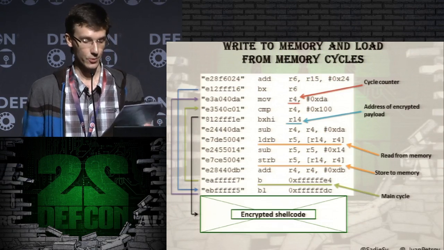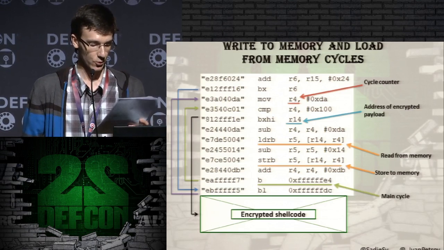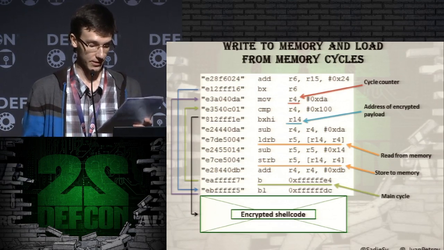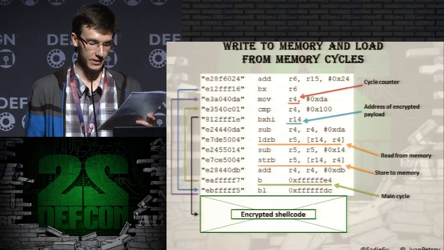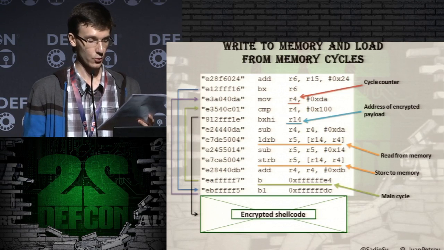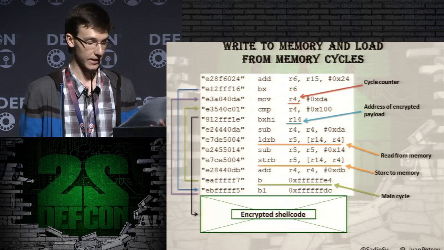The existence of a read-write cycle. This feature tells that the decryptor routine should have a cycle that conveys load and store instructions. Because this routine should load the encrypted payload from memory, decrypt it, and put it back. Let's consider the shellcode decryptor from exploitdb.com again.